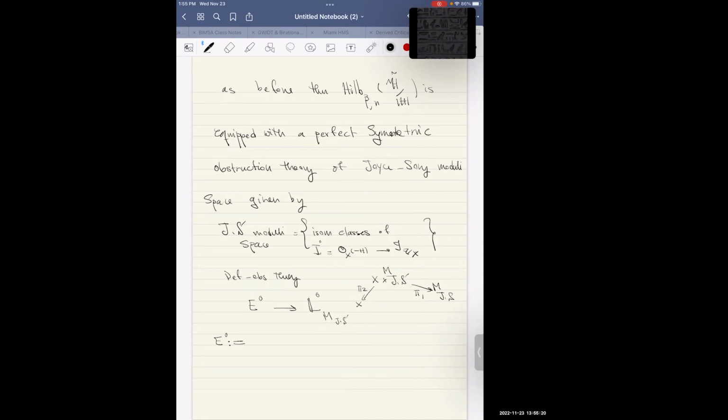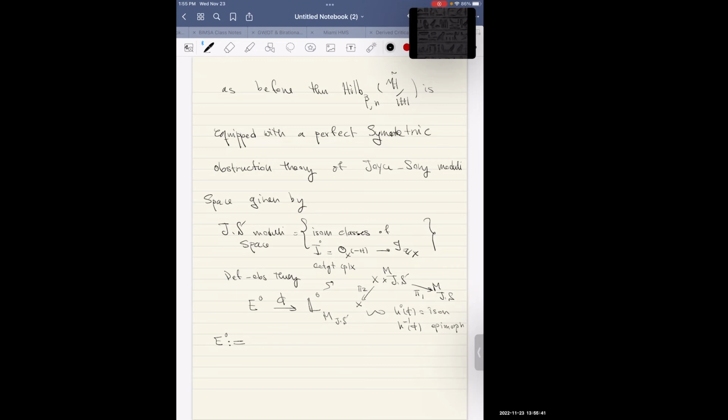This is the cotangent complex. We discussed this before. The obstruction theory approximates the cotangent complex in the sense that H0 of phi, this map between them, is an isomorphism, and H minus 1 of phi is an epimorphism. We discussed this before.